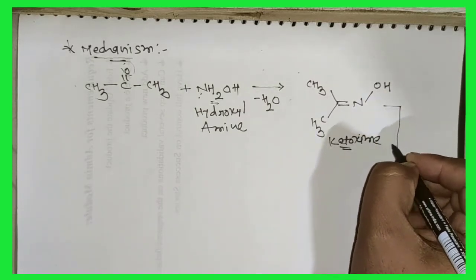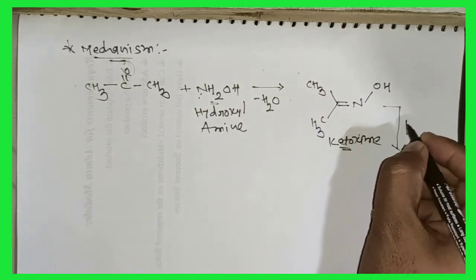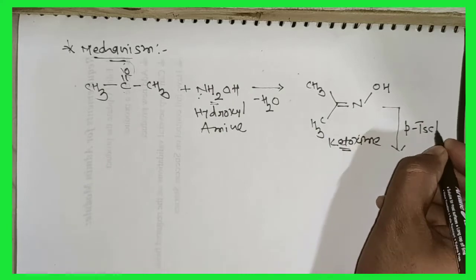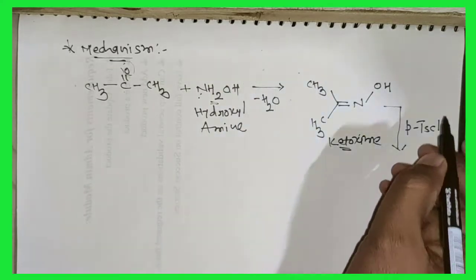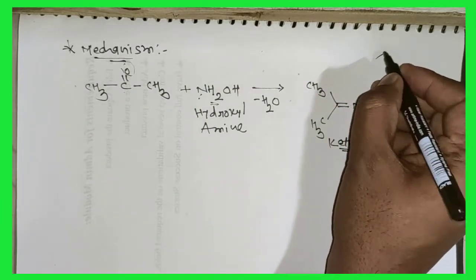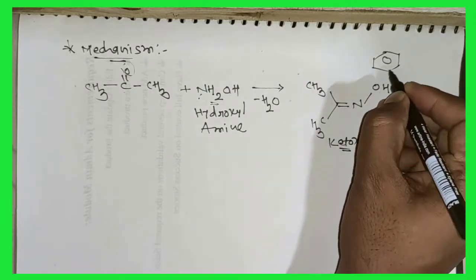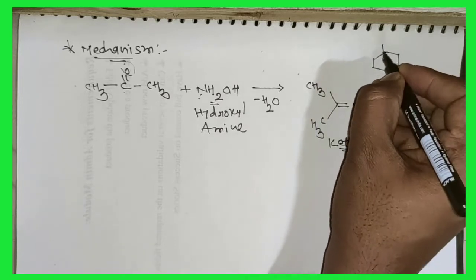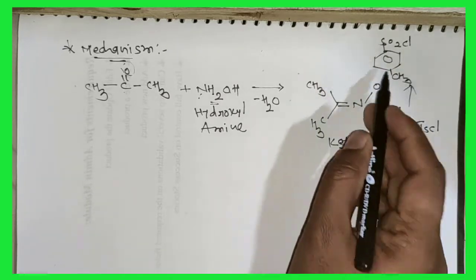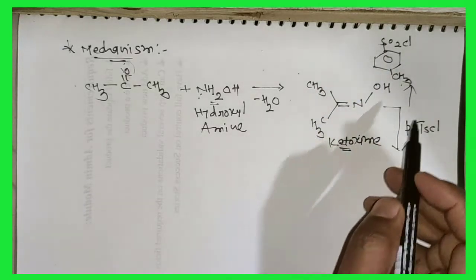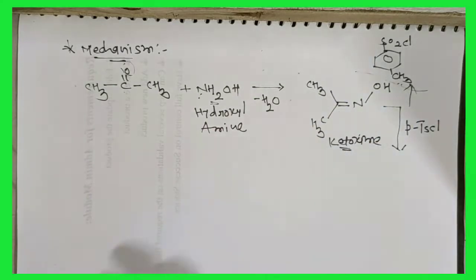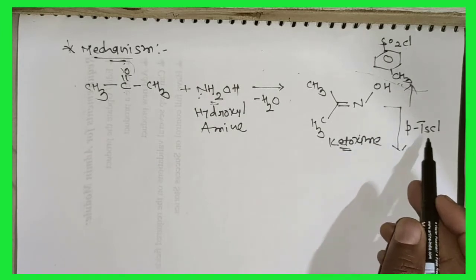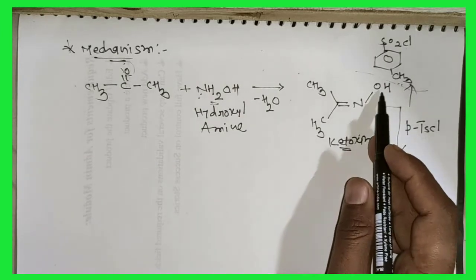Later this one reacts with para-tolyl sulfonyl chloride, right? Now para-tolyl is like this, para-tolyl and here SO2Cl. Remember para-tolyl from toluene. This is TsCl. What is the use of this reagent? This acts as a protecting group of oxygen.